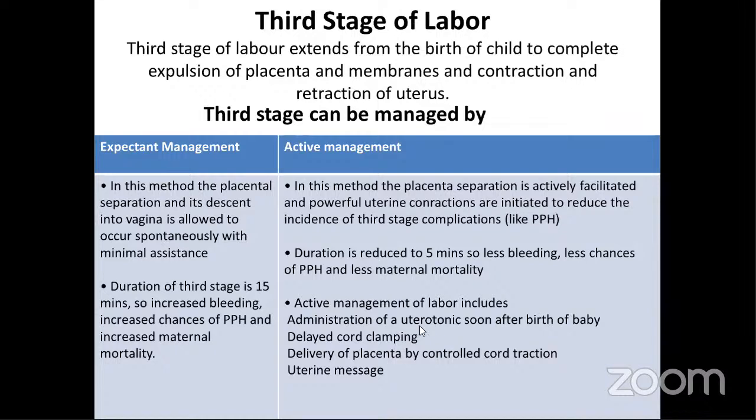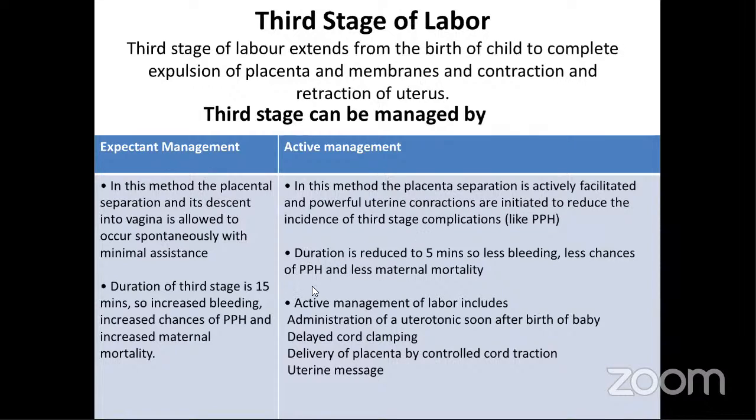Any one of them is administered immediately after delivery to induce strong uterine contractions, which helps in separation of the placenta as well as its expulsion. The duration of the third stage is reduced from 15 minutes to almost 5 minutes, so there are fewer chances of bleeding, less PPH, and less maternal mortality, as observed in huge studies comparing expectant and active management.